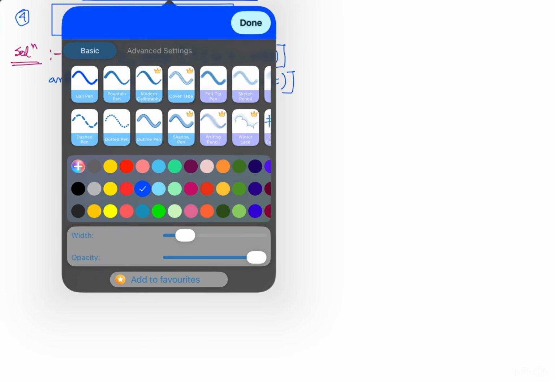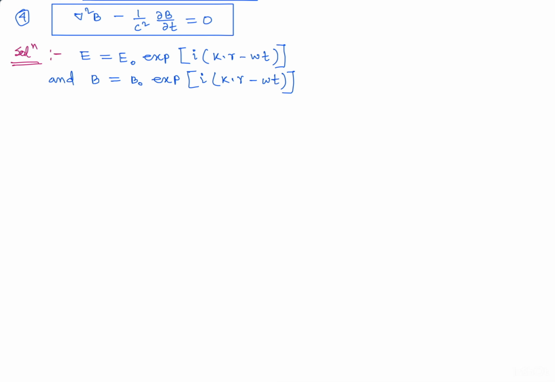Now we discuss the direction of the EM wave, which means in which direction the EM wave will propagate.